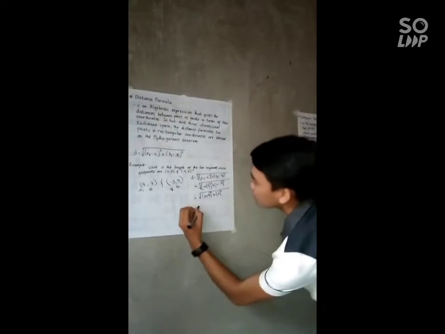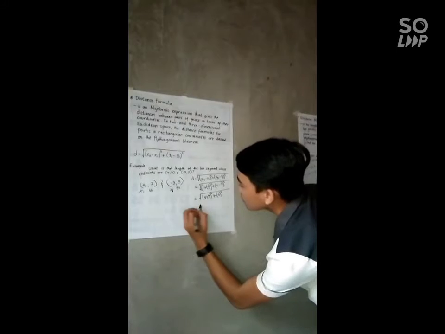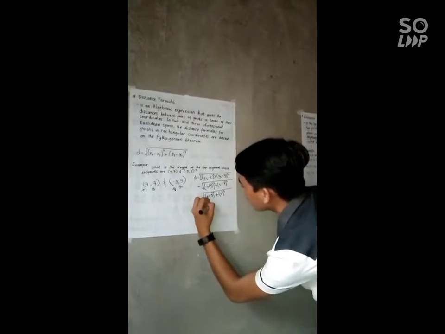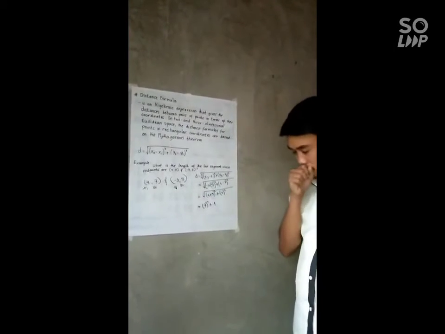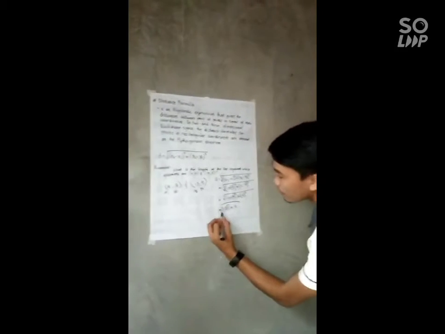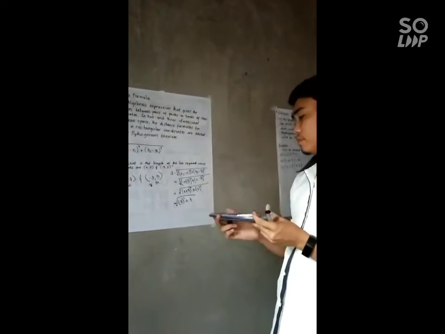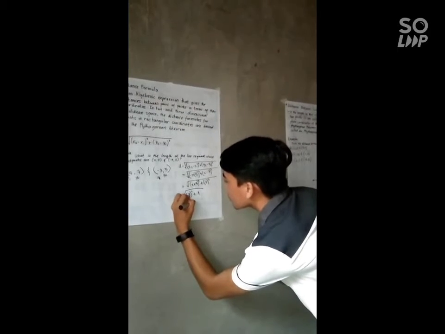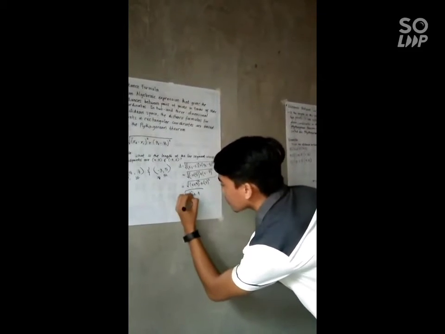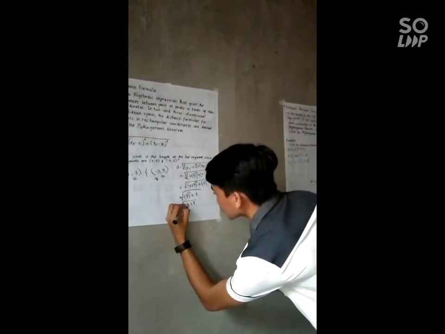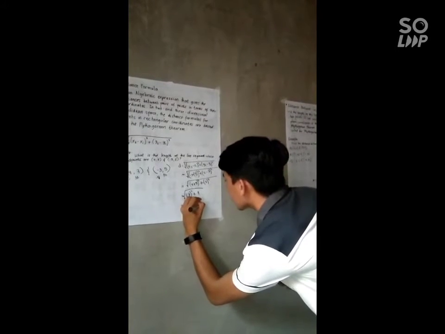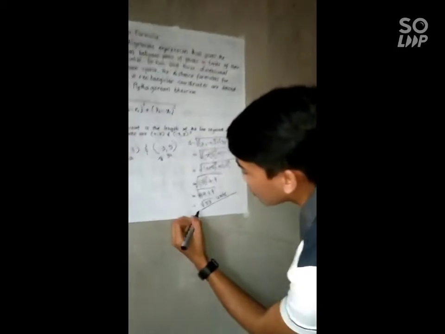So we calculate: 4 plus 3 is 7, squared, plus 4, square root. So 49 plus 4 equals square root of 53 units. That is our answer.